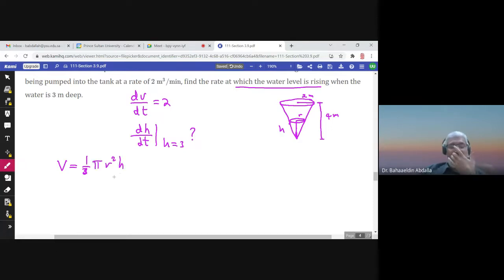You can remember this formula easily because the cone is 1/3 of the cylinder, and the volume of the cylinder is the area of the base, which is a circle, pi r square, times the height, which is h. So the volume of the cone is 1 over 3 pi r square h. I'll erase this so you don't get confused, because we are talking about a cone here, not a cylinder.